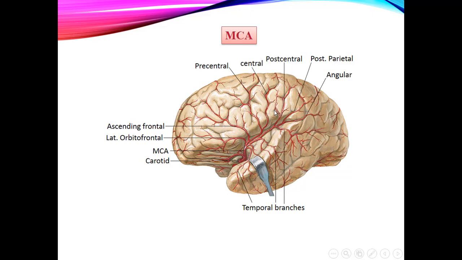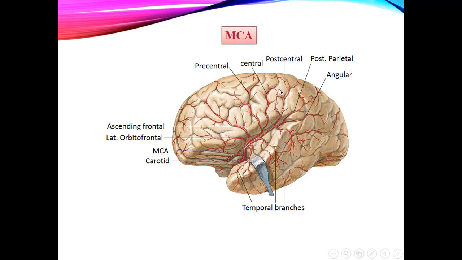Also the precentral and postcentral gyri are damaged after occlusion of the MCA, and as you know, the precentral gyrus is a part of the primary motor area, which is responsible for movements in the upper limb and head and neck.